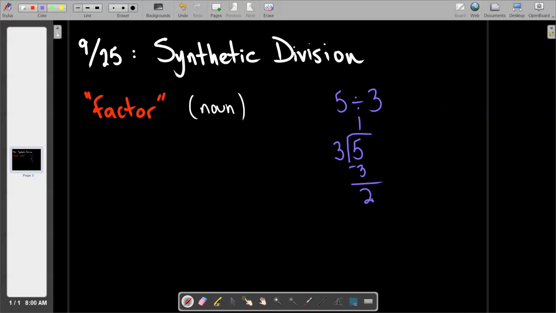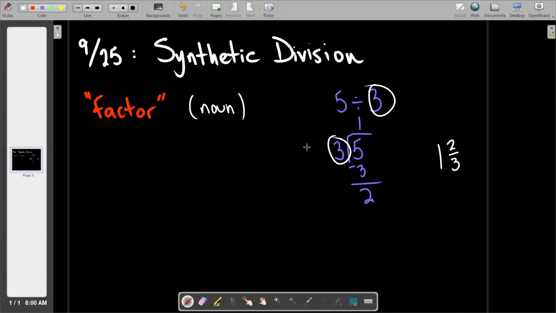So we would express this in very proper terms as 1 with 2/3 left over. So when a remainder is required, we say that this number is not a factor of the dividend, correct?